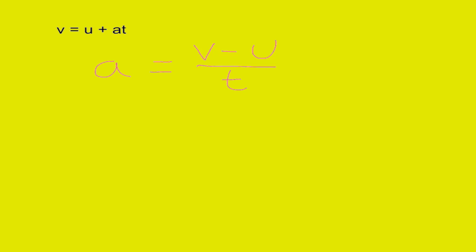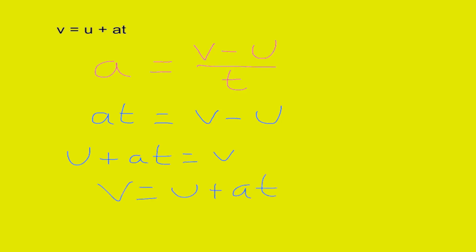So if we define acceleration as v minus u over t, we can then simply rearrange that, multiply through by t. at is v minus u, and then add u to both sides. We get u plus at is v, or if we prefer, v is u plus at. So the first Suvat equation, v equals u plus at, is merely a rearranging of the definition of acceleration.